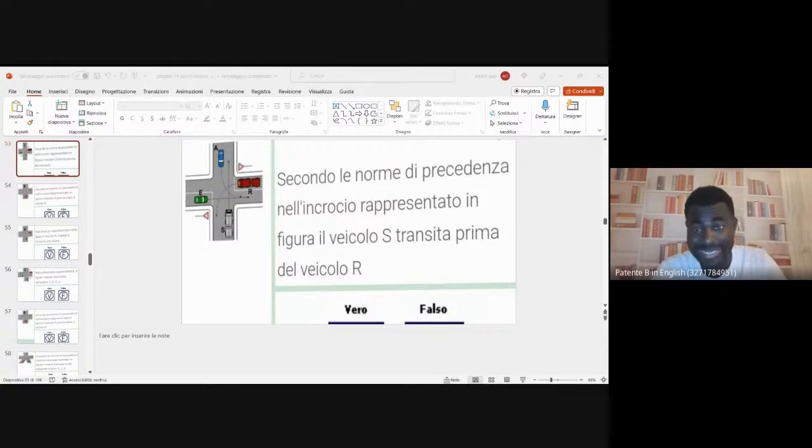So automatically, the S and the A go before the R and the A. And the question says that S transits before the R, and the answer is true.